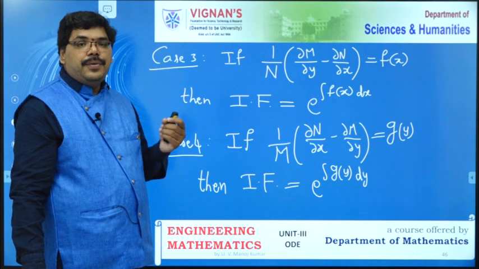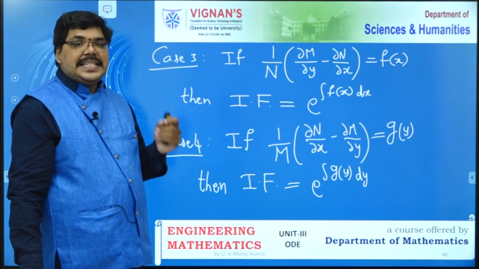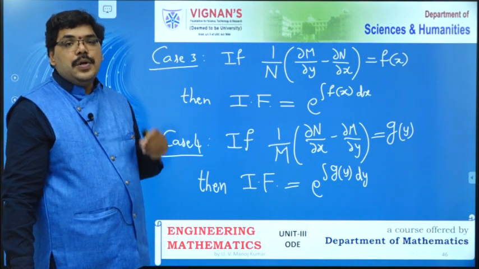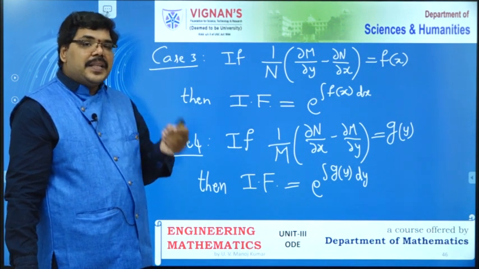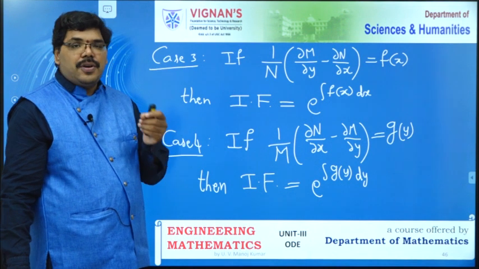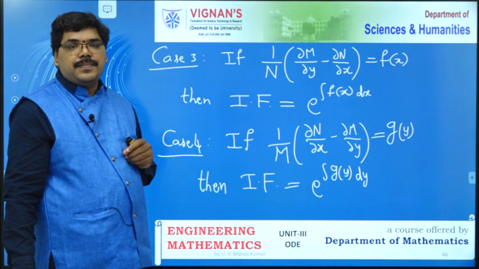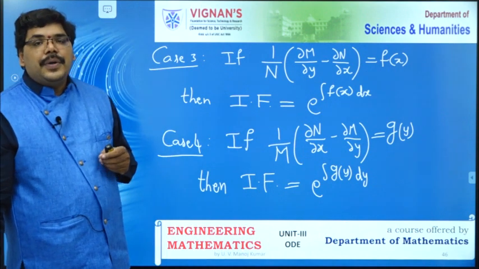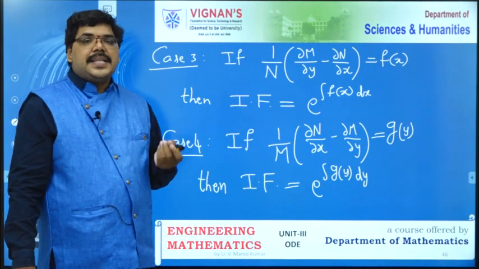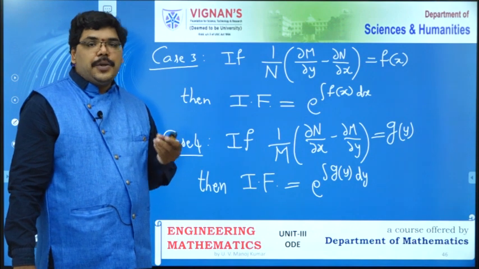So exact and non-exact methods are superior when compared with the remaining methods of solving first order first degree differential equations. When a differential equation is given to you, you can directly check whether it is exact or not. If it is exact, you can solve.